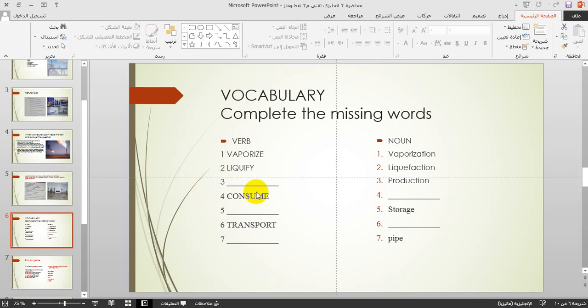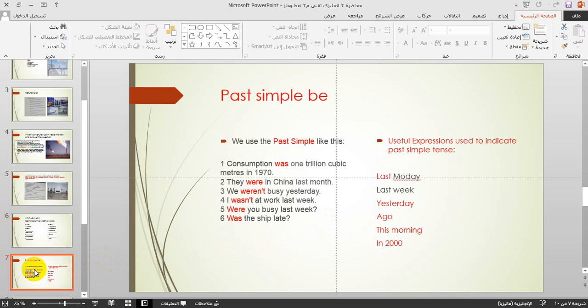Number three, you have production as the noun, so the verb should be produce. Now consume, the noun will be consumption. Number five, the noun is storage, so the verb will be store. Transport, the noun will be transportation. Pipe is pipe, the same. This is easy.